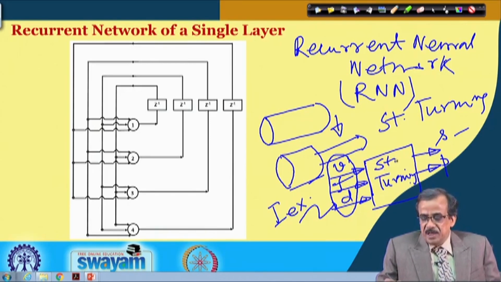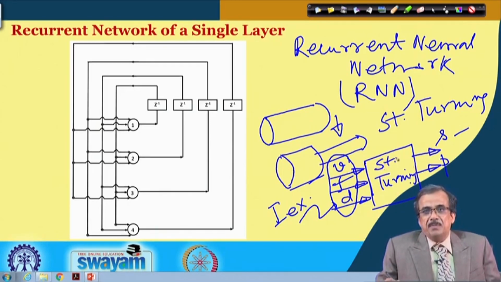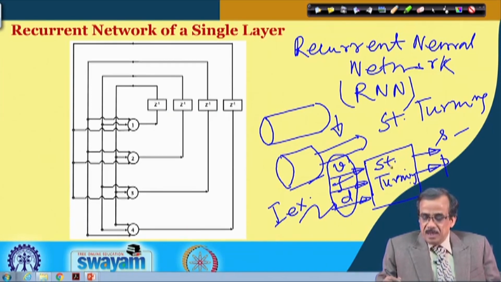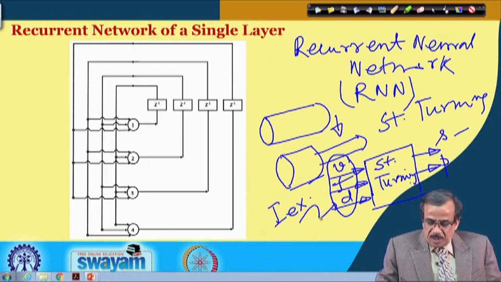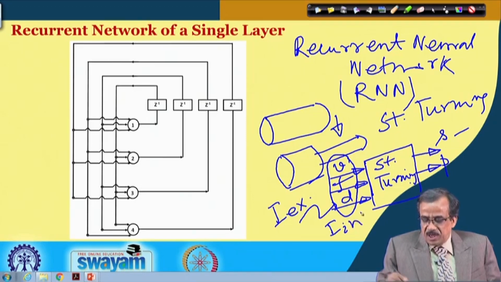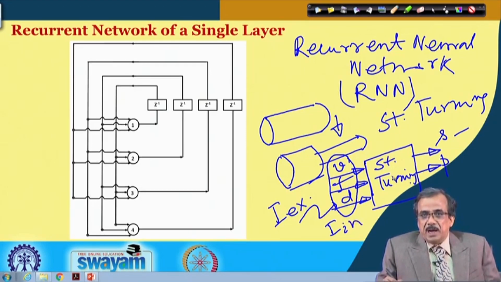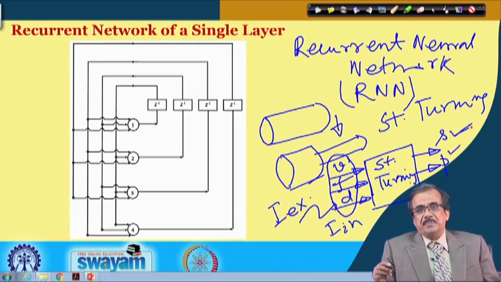For example, there will be some level of vibration while doing this machining. This generated vibration is called the internal input, that is IIN. These internal inputs will have some contributions towards the surface roughness and the power consumption.